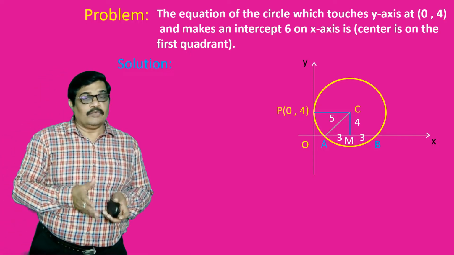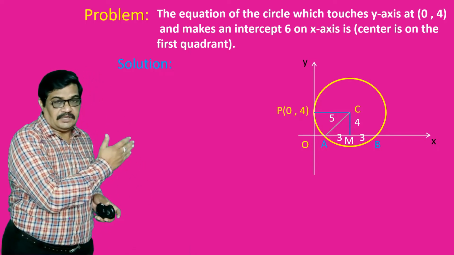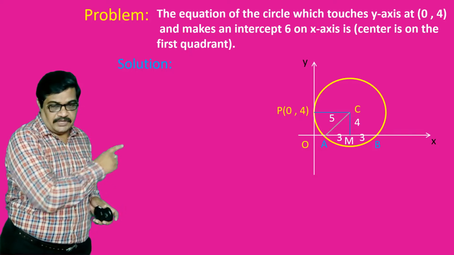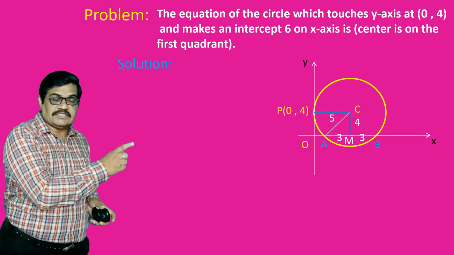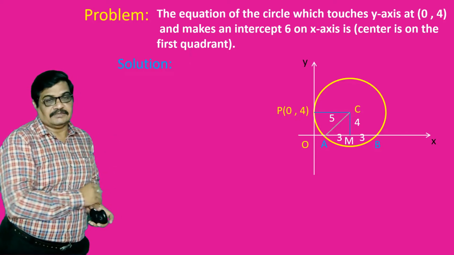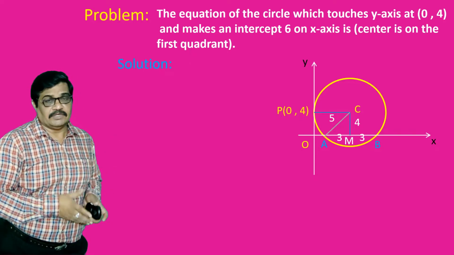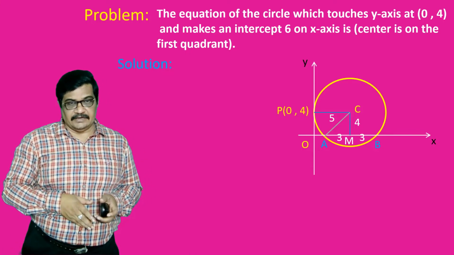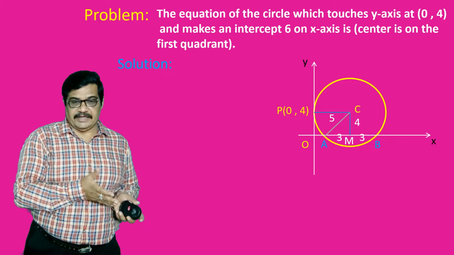From that we are getting the CA distance. Here AM is 3 and CM is 4. From the right angle property we are getting AC as 5. That AC is nothing but the radius of the circle. Okay, we are getting the radius.